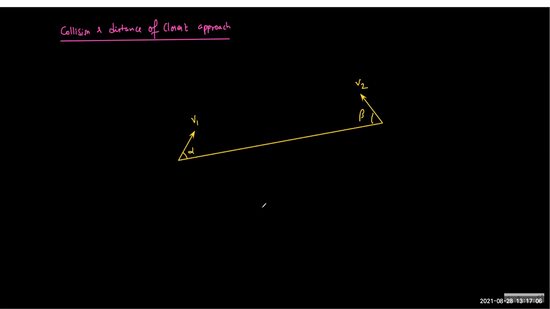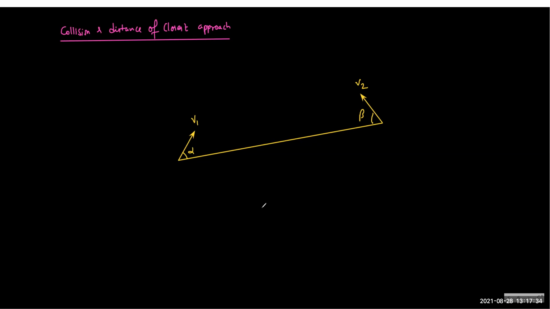The second is accelerating particles. So now we need to check whether they have the same acceleration or different acceleration. If they have different acceleration, then the only way to solve is to use kinematical equations in a relative form, or you solve in the ground frame. The choice is yours.